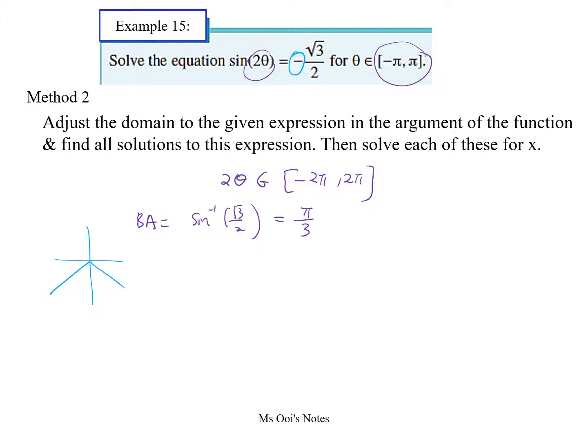So my first angle: 2 theta is equal to pi plus pi over 3, which is equal to 4 pi on 3. My second answer is 2 pi minus pi on 3, which obviously is 5 pi on 3.